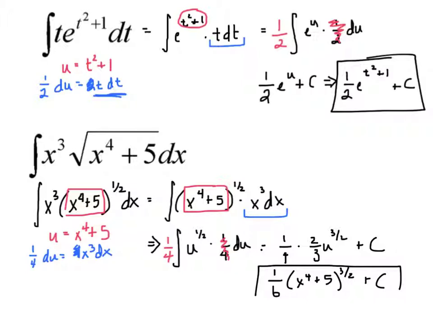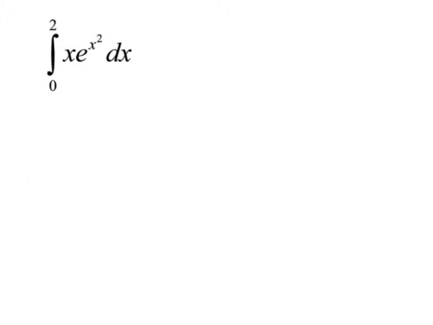Okay, let's do another one. So here, the difference is that we have a definite integral, that we actually have some bounds. So again, I'm going to make u equal to the exponent. Okay, so du is equal to 2x dx.